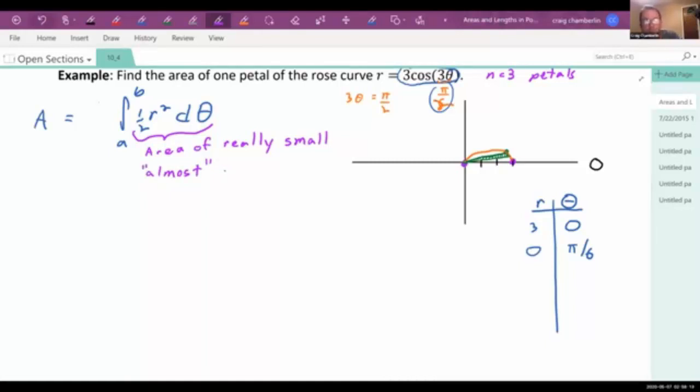I'll call it a representative almost sector, instead of a representative rectangle.